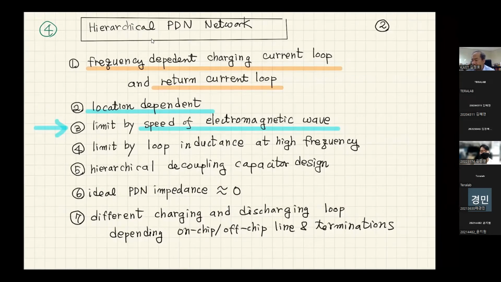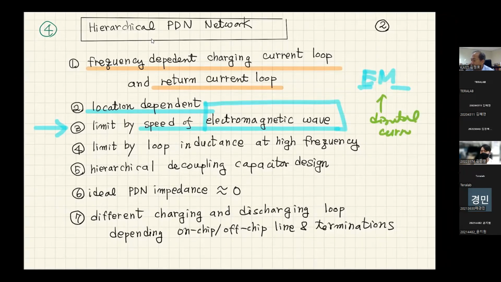What I'm saying is that the charging current is also an electromagnetic wave. This is a little bit different concept, but in my view, this is a displacement current, and this current will be transmitted in the form of an electromagnetic wave. Sometime next week, I'm going to talk about this theory.